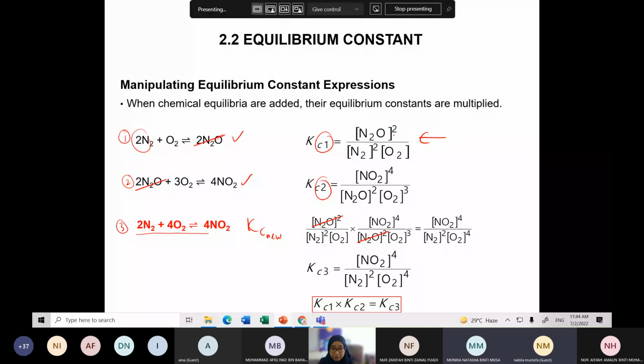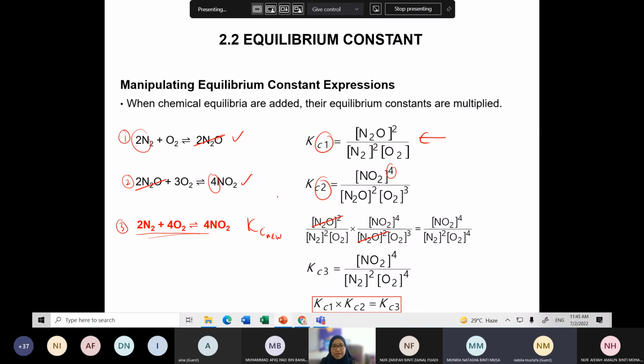Tulis as it is, you express as it is. Okay, kuasa 2 apa semua product over reactant. This is for the second equation, for second reaction. As it is for 3, 2, you can extract the kuasa from the coefficient in the equation.